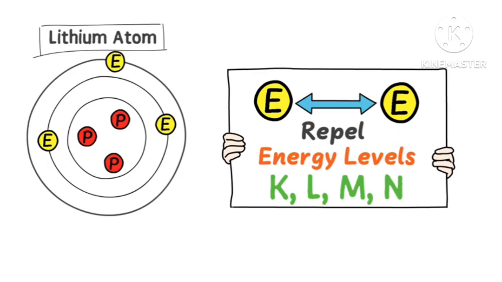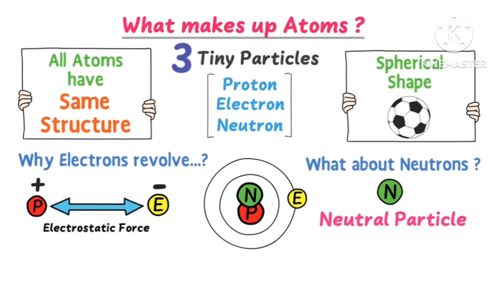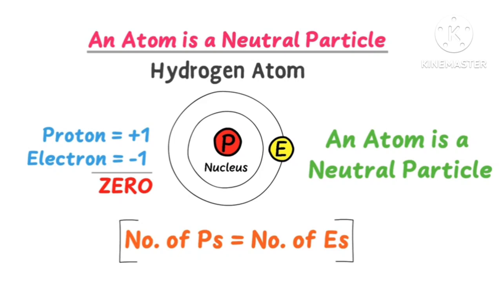To summarize my lecture, we learned that an atom is made up of 3 tiny particles: proton, electron and neutron. Secondly, we learned that an atom as a whole is electrically neutral because the number of protons is equal to the number of electrons.